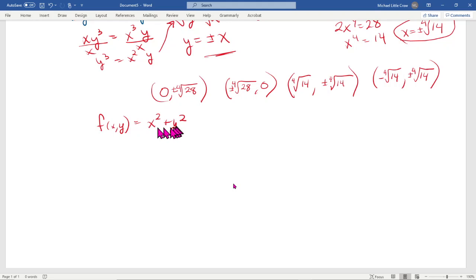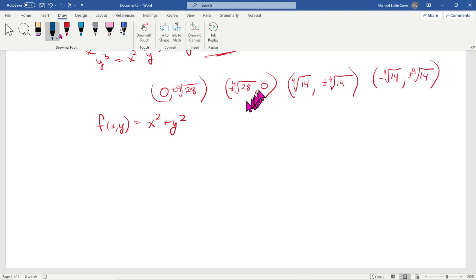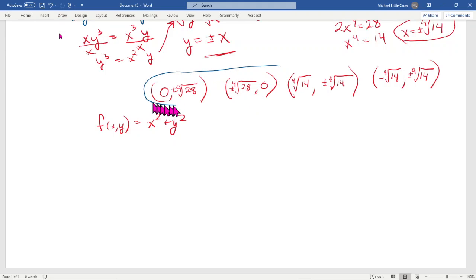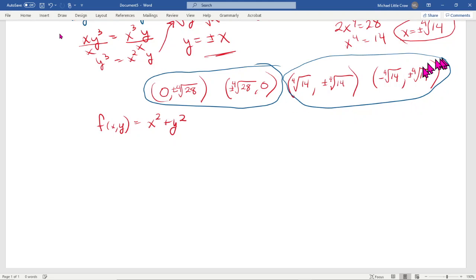And since it's a balanced function, these two should give us the same values. So we could examine these ones. These are going to have the same value, and these will have the same value. Let's look at this one first.